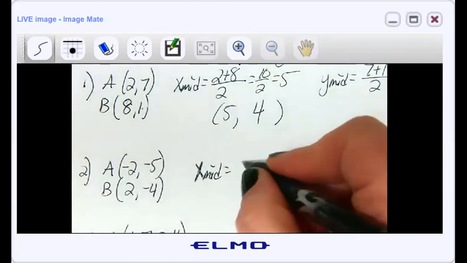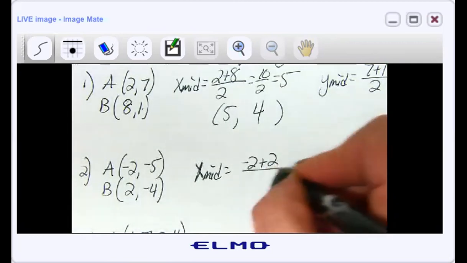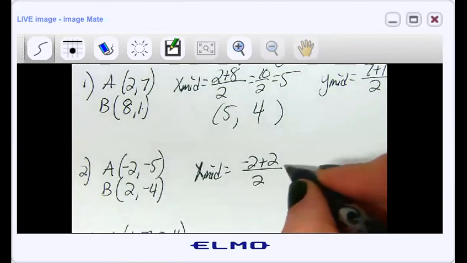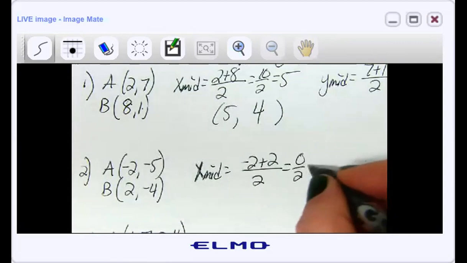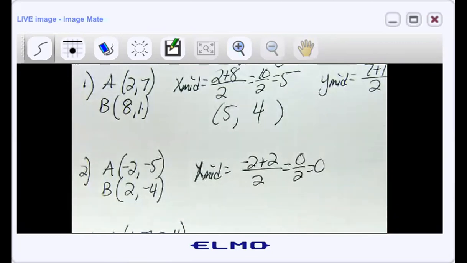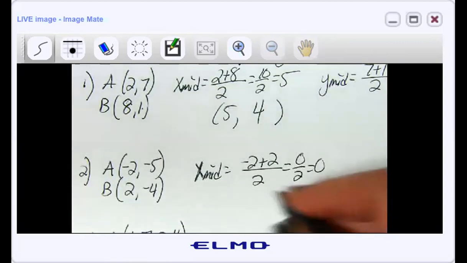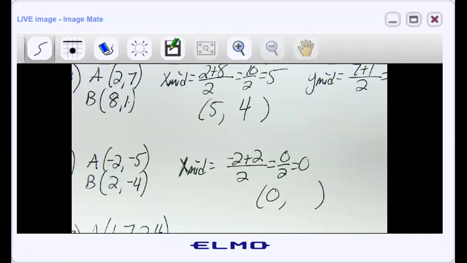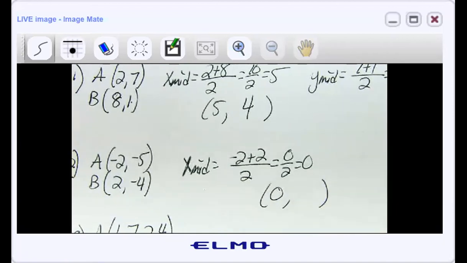So when you add -2 plus 2, and I'm always going to divide by 2, always. So when I add those, I just happen to get 0, and 0 divided by 2 is just 0. So that means that the x coordinate of this answer is 0. So it's going to be at 0 comma something. Now I just have to do the same thing with the y's. So what is the answer that you got for the y's, Zoe?